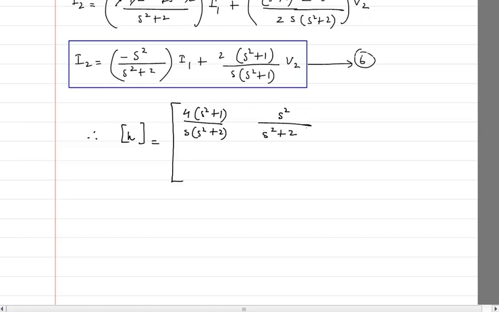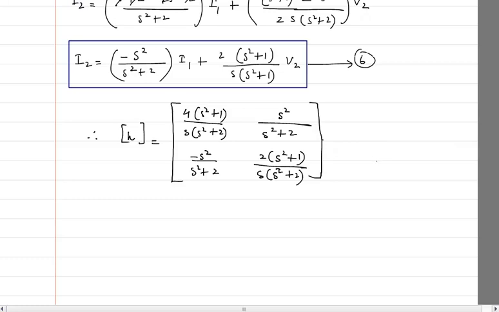From equation number 6 I will get, here this is going to be minus s square by s square plus 2, and here it is going to be 2 times s square plus 1 divided by s into s square plus 2.